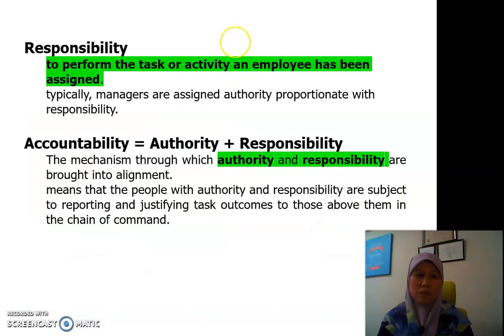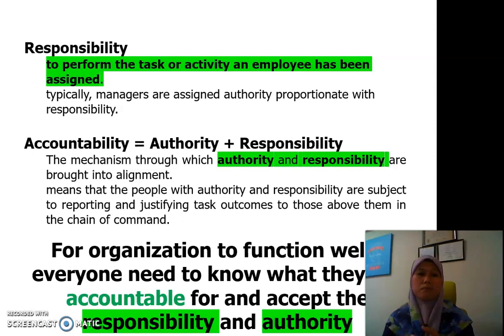Responsibility means performing the task or activity an employee has been assigned. You are responsible for your work and your job scope, and it is usually assigned by a person who has the authority to do so. Accountability is easy to remember: accountability is authority plus responsibility. For an organization to function well, everyone needs to know what they are accountable for, what their responsibilities are, and what their limits are.